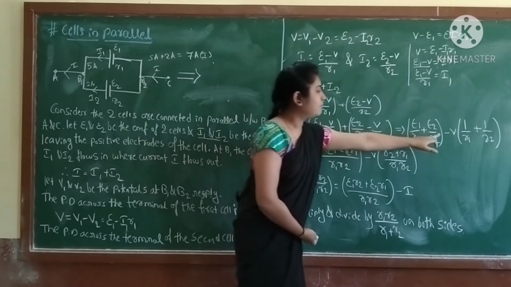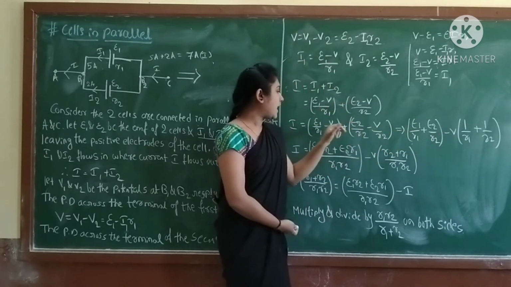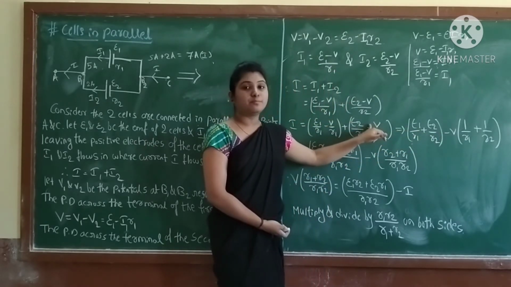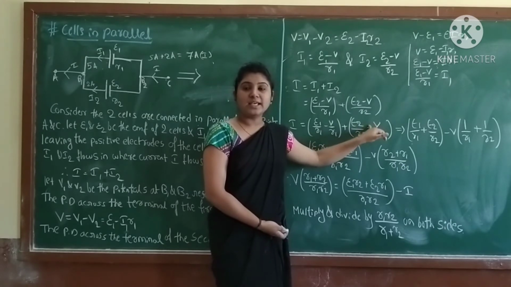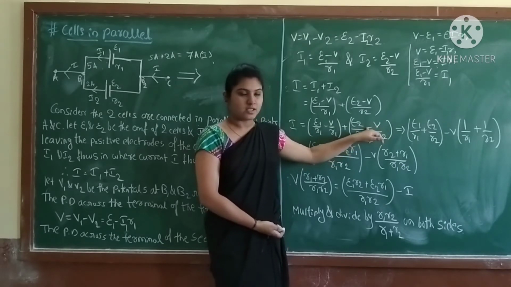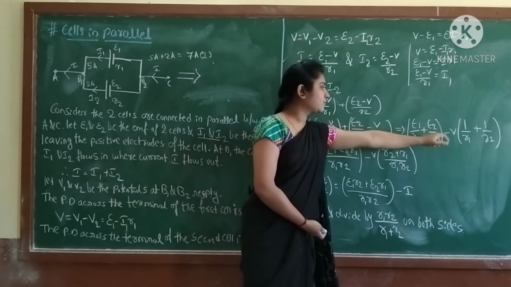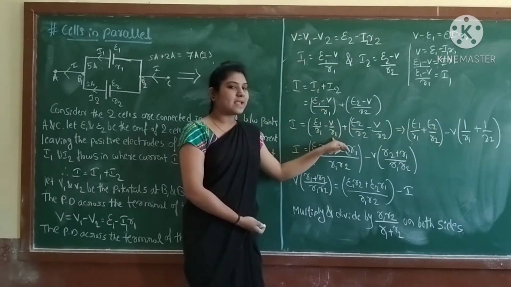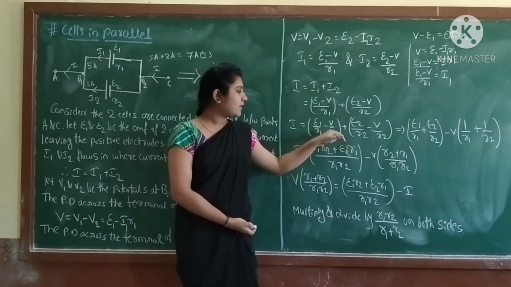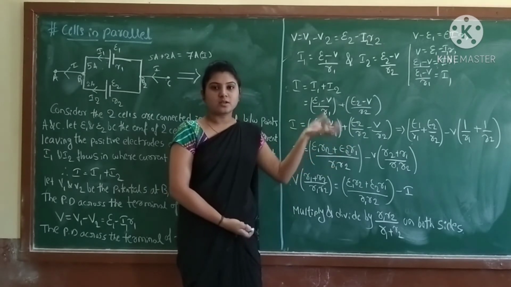Then minus, because on both sides the potential difference V is having the value minus. So I will take the common minus V. So what will it become? 1 by R1. Correct? If I take the negative outside, then what remains there?